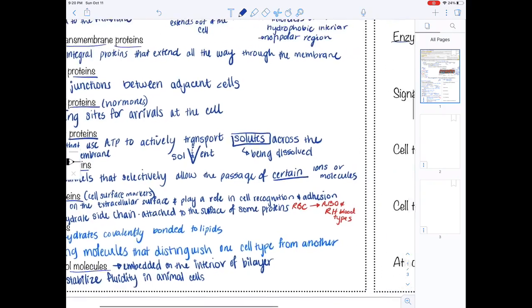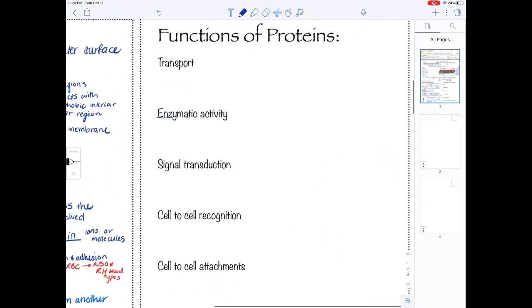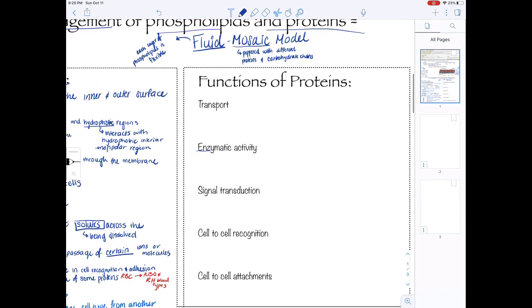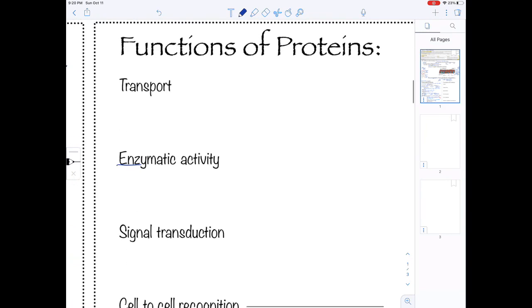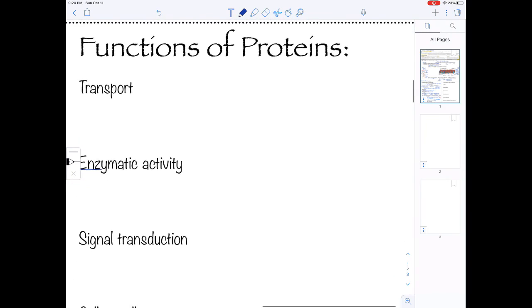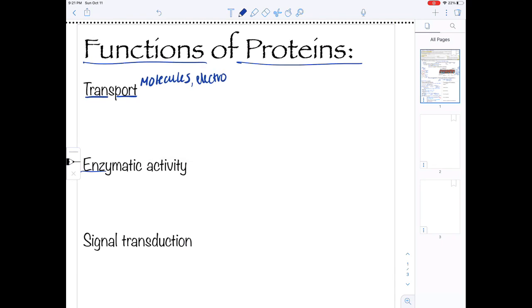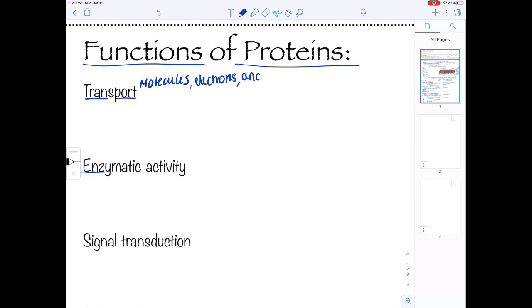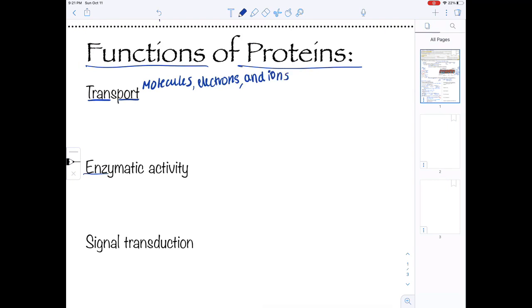Now let's take a look very quickly at the functions of some of these proteins that we just talked about. One of the first functions that our proteins are helping our cells with is going to be transport. So this is the transport of molecules, electrons, and ions.